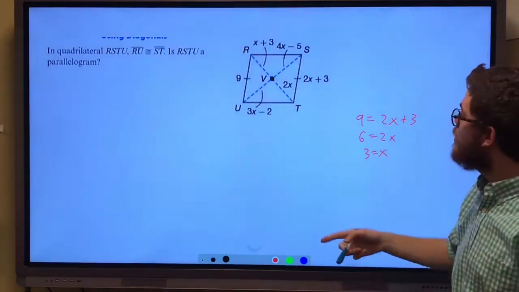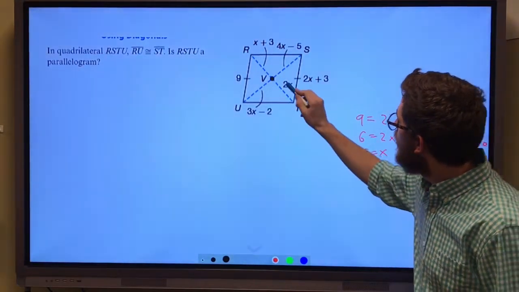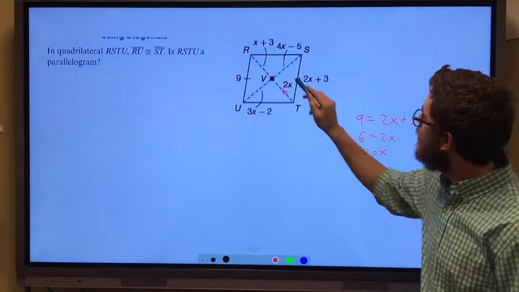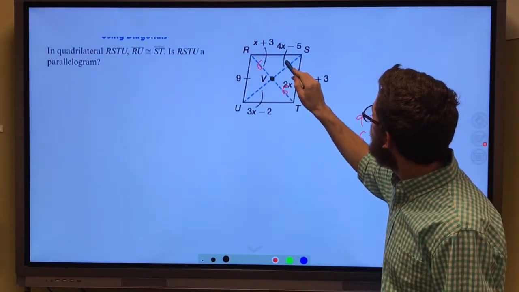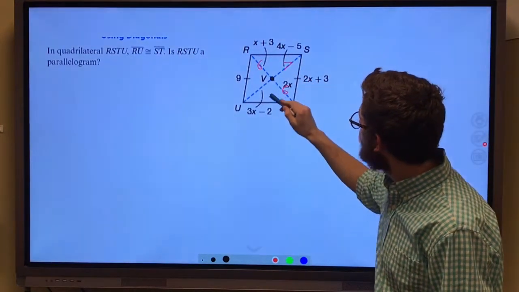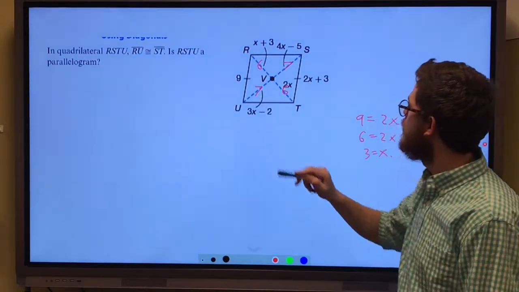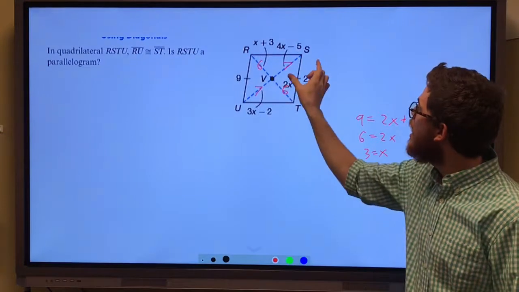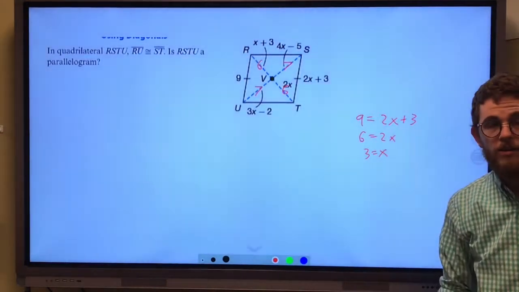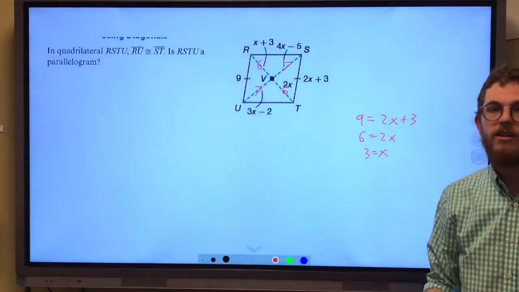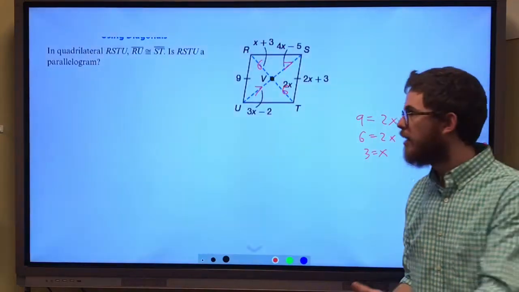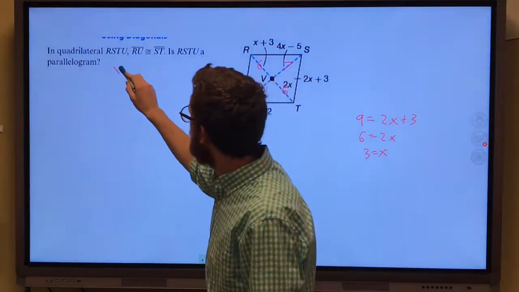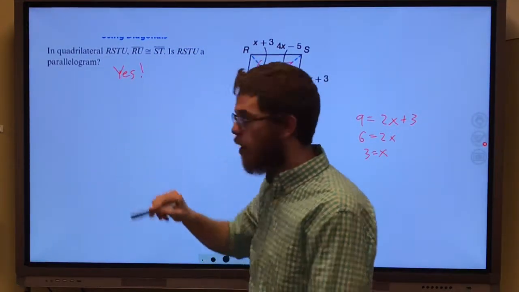Since x is 3, now I can plug it in and see that that's going to be 6, that is 6, that is 7, down here that is 7. So notice the diagonals have been cut in half where they intersected. The diagonals were bisected. If the diagonals of a quadrilateral are bisected, yes, this is a parallelogram.